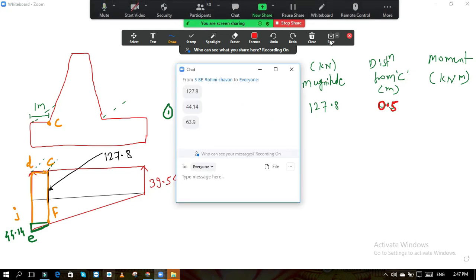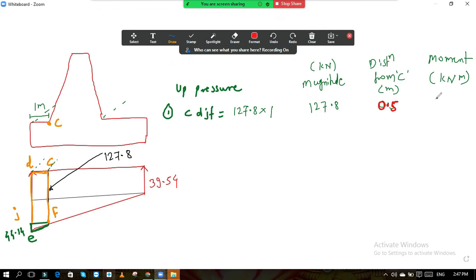Okay, 63.9. So this moment is, upward pressure it is in clockwise direction. Okay, this is in clockwise direction.